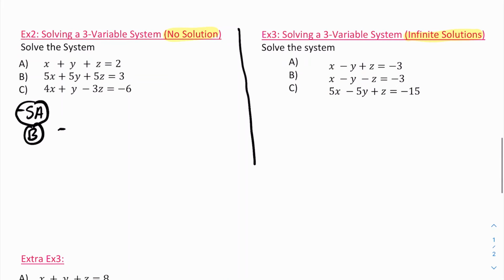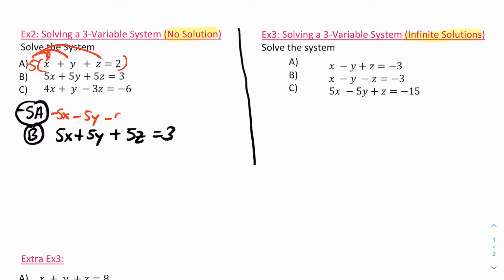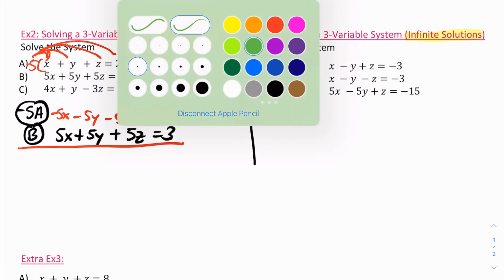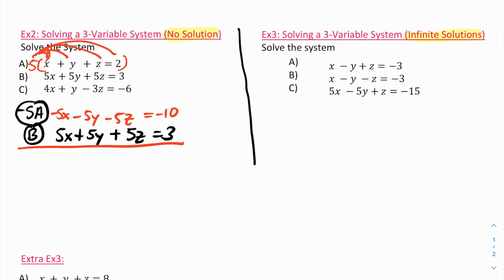So b, 5x plus 5y plus 5z equals 3. If I multiply negative 5 times a, that gives me negative 5x minus 5y minus 5z equals negative 10. And if I add these two together, that gives me 0 equals negative 7.